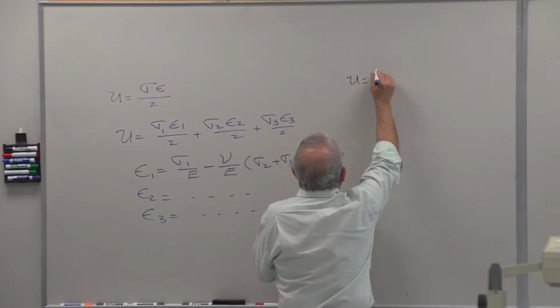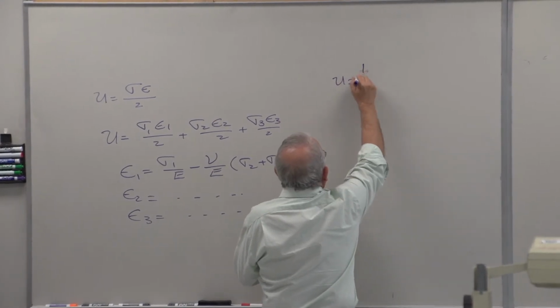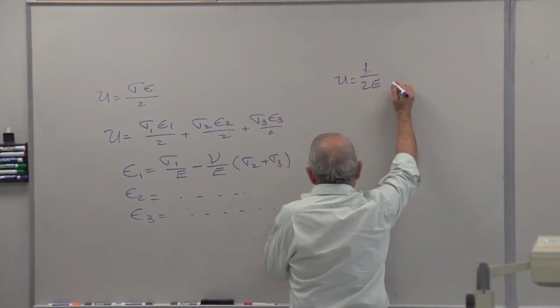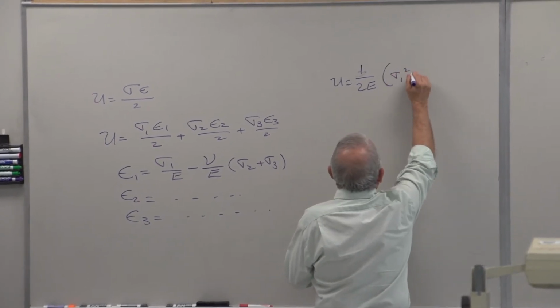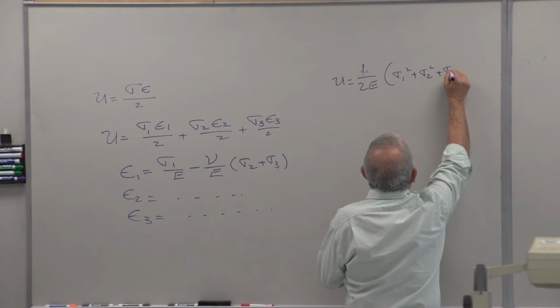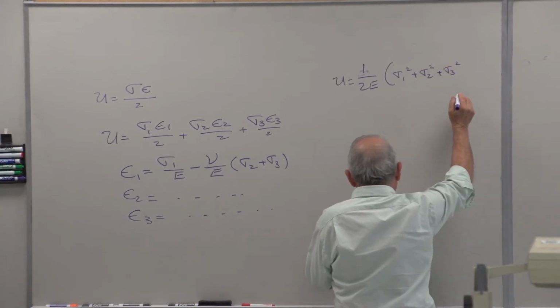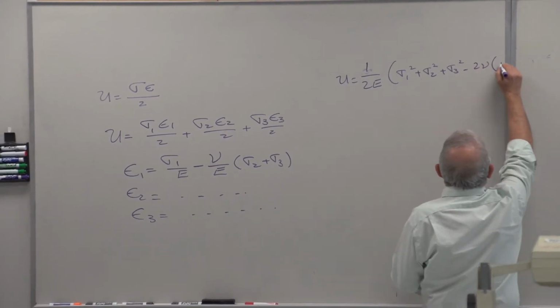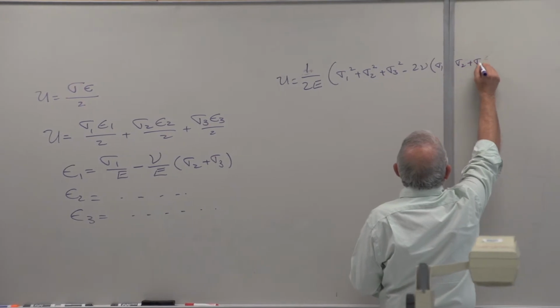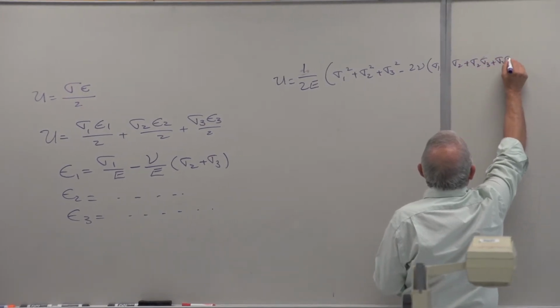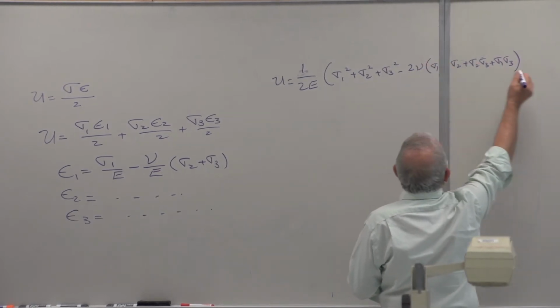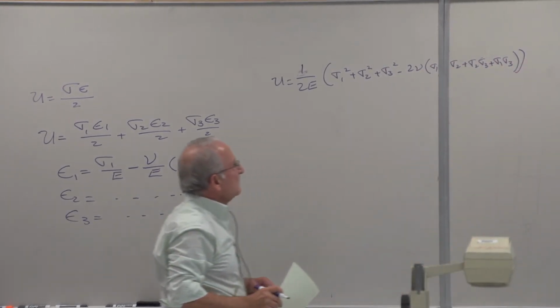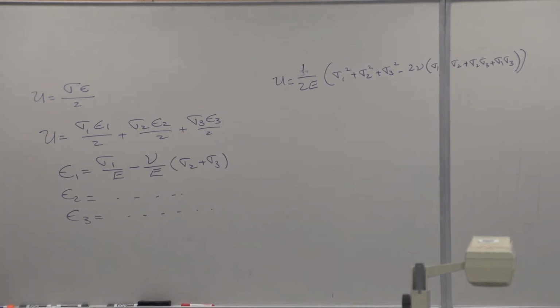We get U equals 1 over 2E times sigma 1 squared plus sigma 2 squared plus sigma 3 squared minus 2 nu times sigma 1 sigma 2 plus sigma 2 sigma 3 plus sigma 1 sigma 3. Now everything is in terms of the stresses.